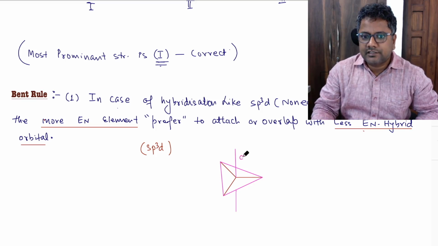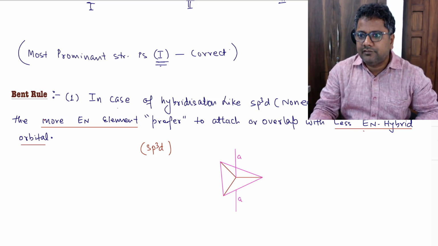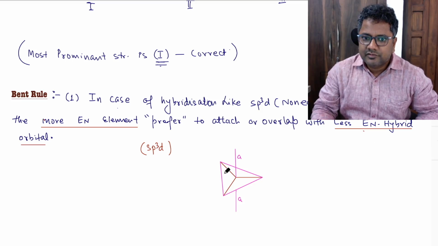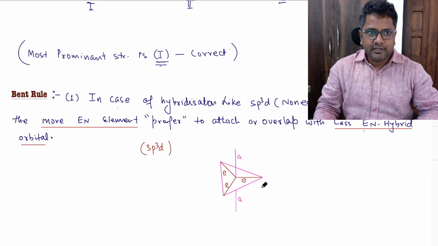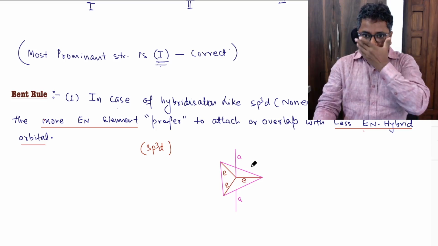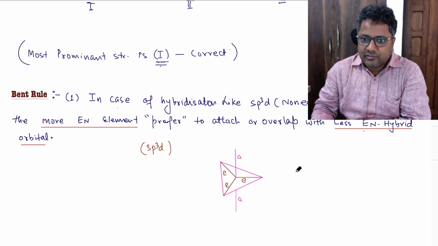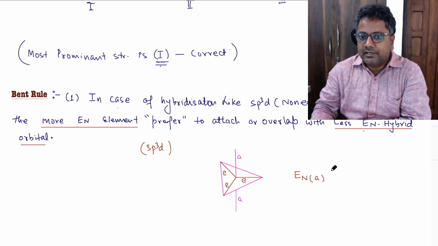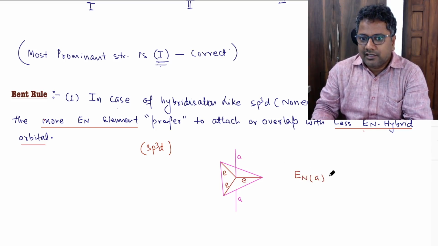These are axial bonds. Two axial bonds are there and three equatorial bonds are there. So which one is more electronegative? Equatorial bonds are more electronegative, and the axial bonds less. So the electronegativity of the axial bond is less than the electronegativity of the equatorial bond.